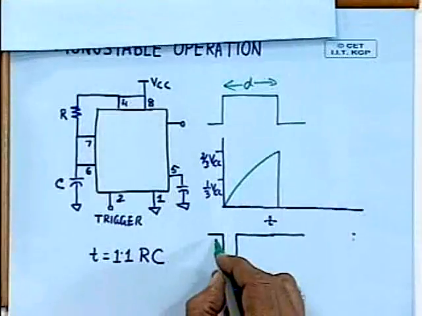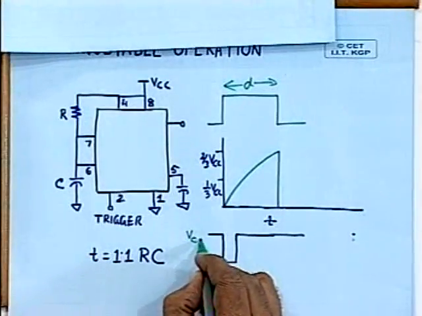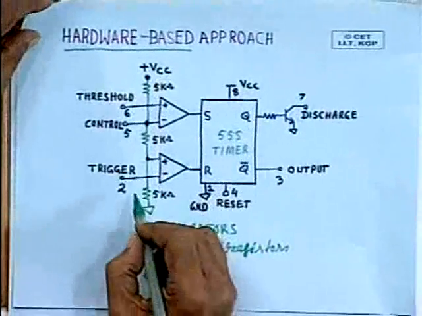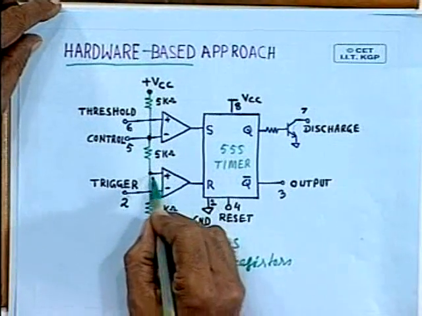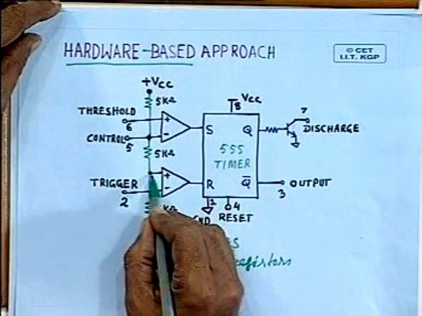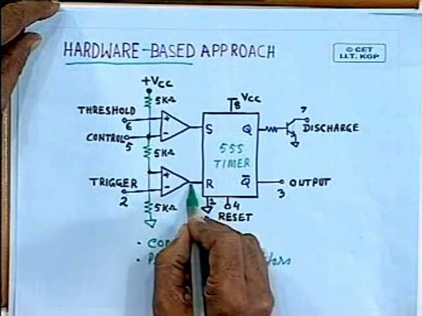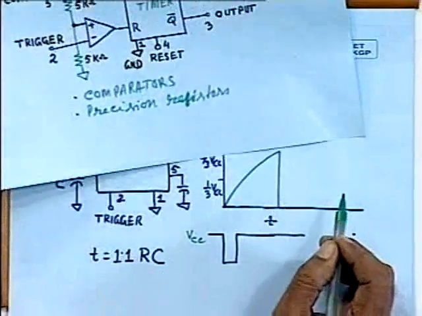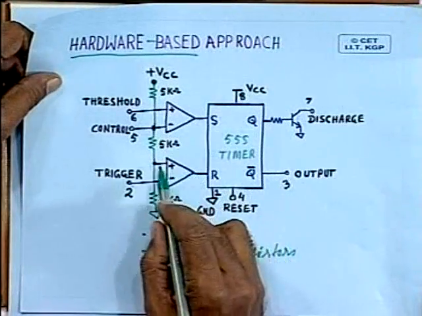Whenever you apply a high voltage signal, say Vcc, then this output is higher than that. What will be the situation here initially? Initially this is Vcc and this is low.